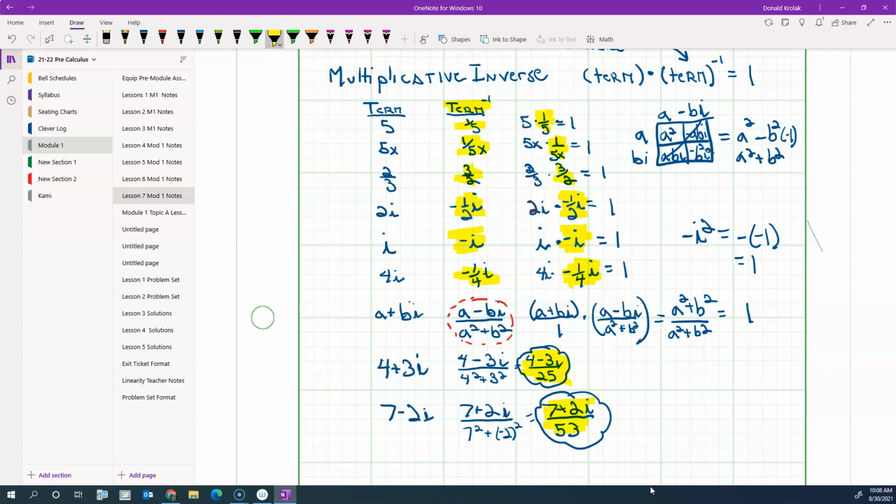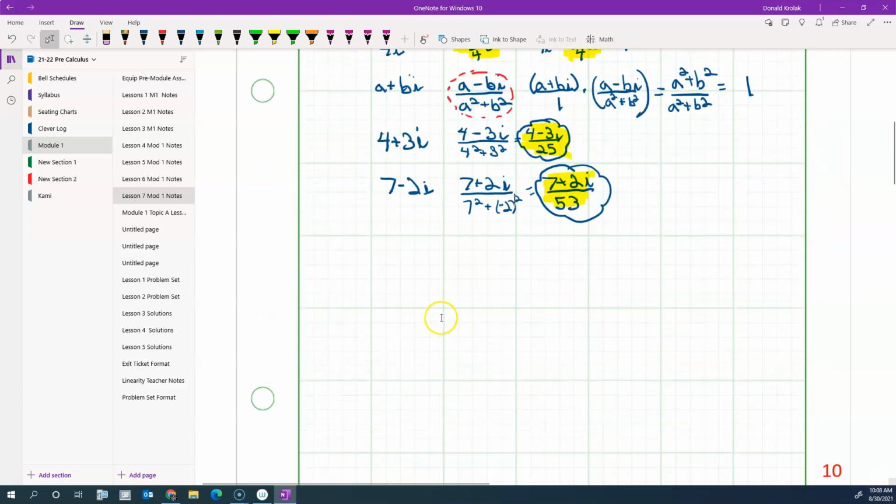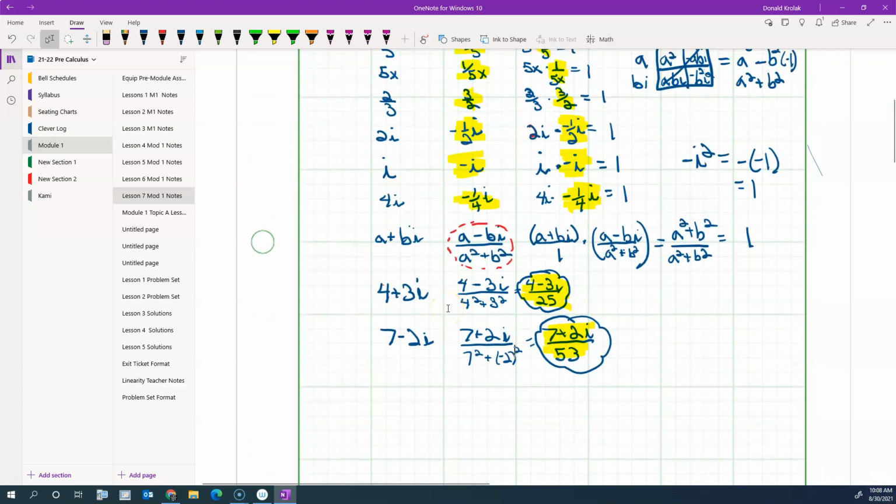Okay, now the reason you need that is so that you can divide. Multiplying by the multiplicative inverse is the same as dividing. That's the big idea here. All right? So multiplying by a term's multiplicative inverse is the same as dividing.